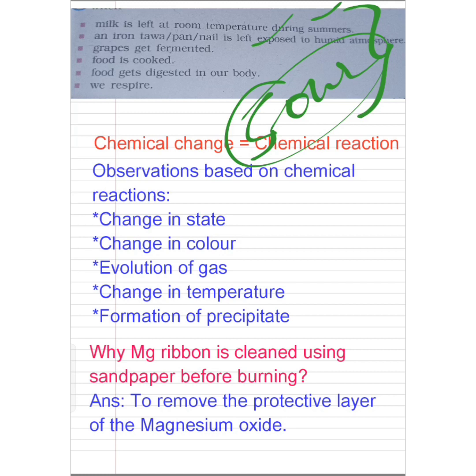So this is one of the chemical changes. Grapes get fermented, food is cooked, food gets digested in our body. The solid food gets broken down in our body by various chemical changes. We respire, that is respiration. So these all are chemical reactions.